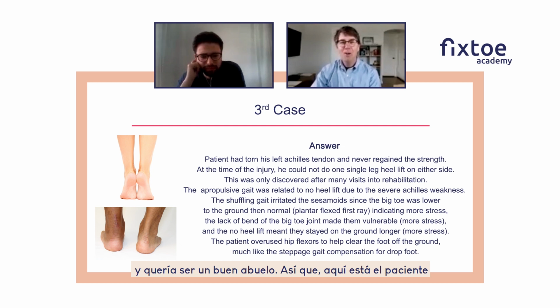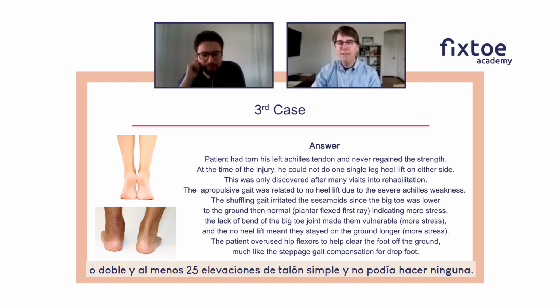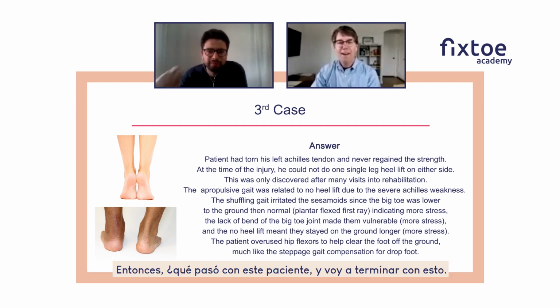So here's the patient with the Achilles tendon surgery on the left side. Here's a patient who should be able to do 100 single heel raises or double heel raises and at least 25 single heel raises, and they couldn't do one. So what happened with this patient, and I'll finish with this.